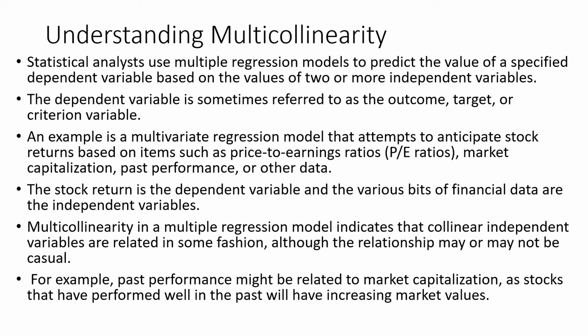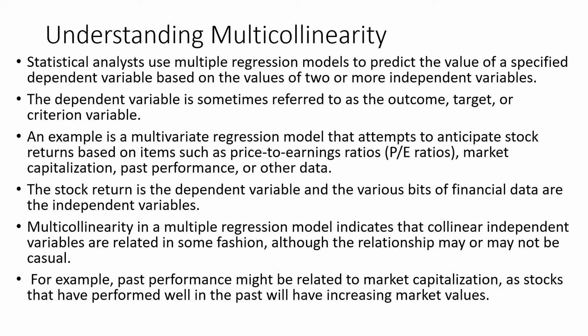Statistical analysts use multiple regression models to predict different types of phenomena, right? So when they use different types of models, there can be high chances for them to face a problem of multicollinearity. Take an example: if you're going for a multivariate regression, okay, which looks into the stock market returns based on items such as stock price to earnings ratios, market capitalization, past performance, etc. So in this case, the stock return is considered to be the dependent variable, and you have certain independent variables as well, right?